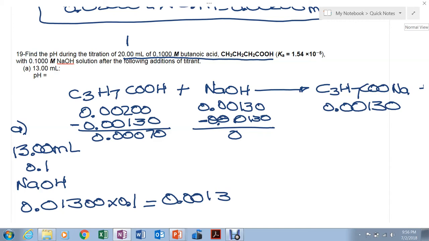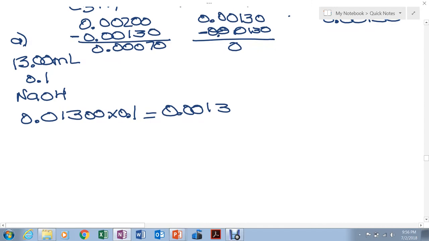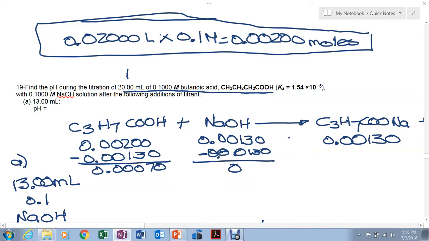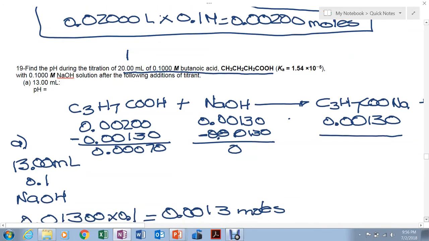So like I was saying, we got how many moles of acid we have left? 0.007. How many moles of conjugate base, this one.